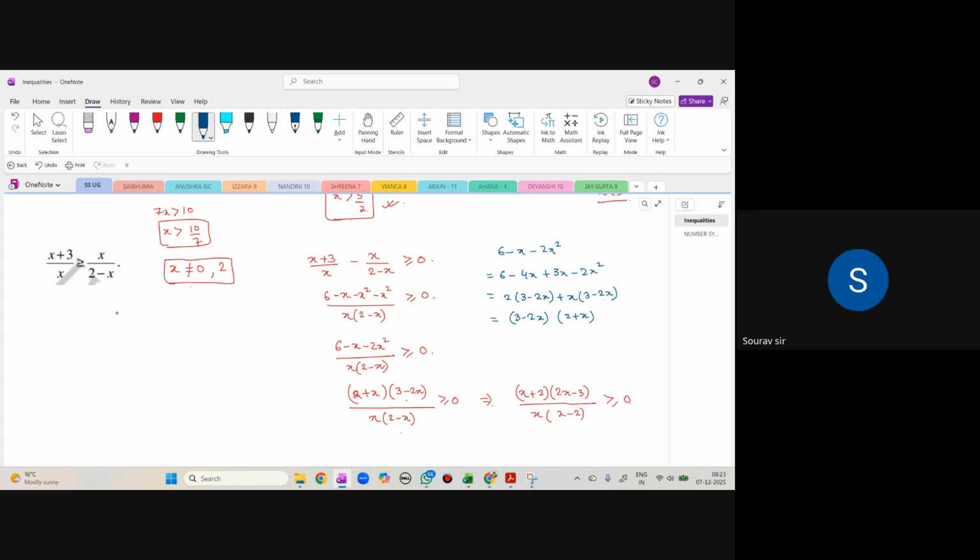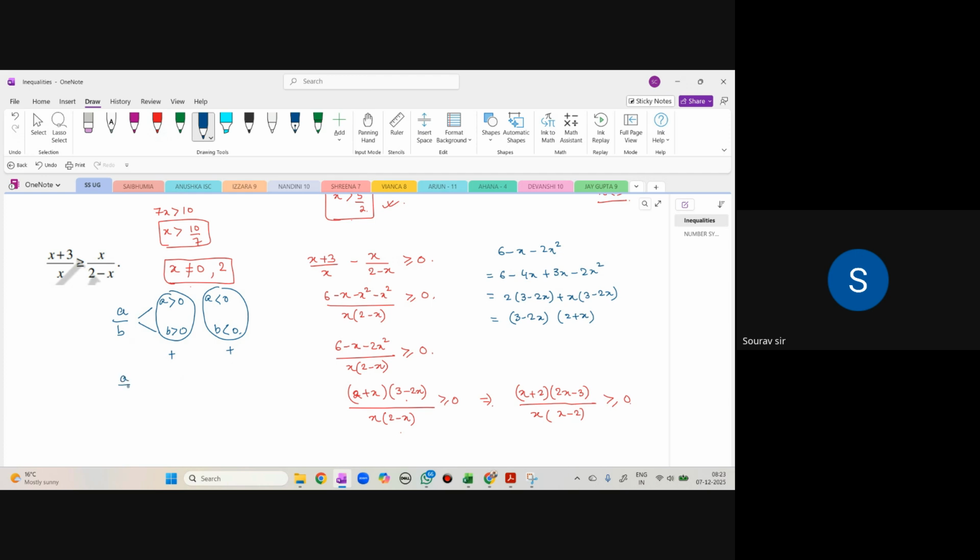Whenever you have something in the form of a by b, this can have different cases. So a can be greater than 0, a can be less than 0, b can be greater than 0, b can be less than 0. If I have both greater than 0 or both less than 0, then this gives me positive.